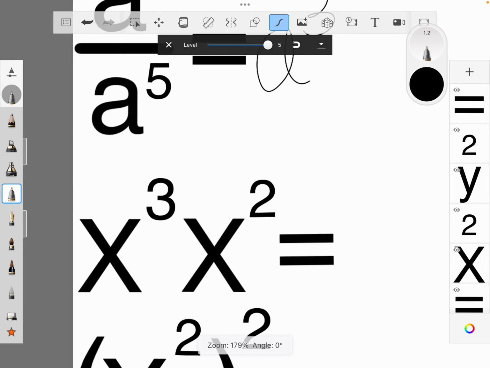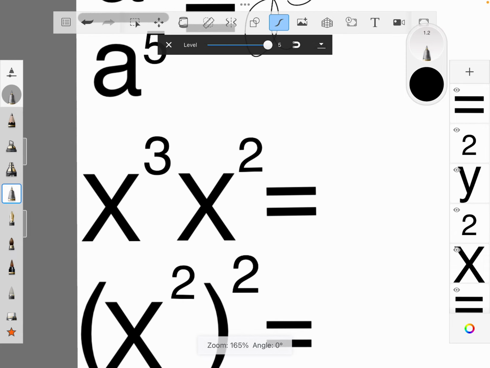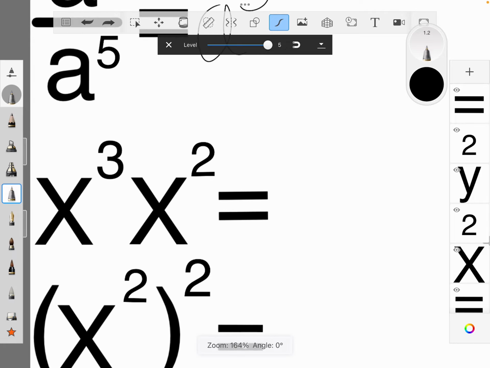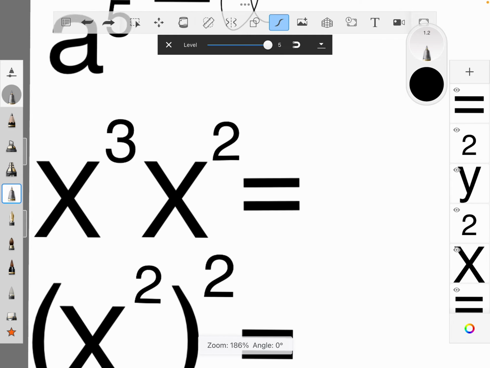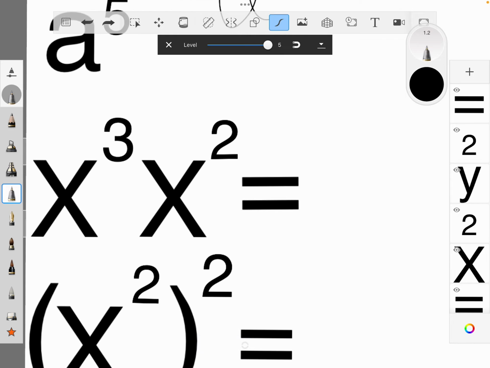Now here comes x to the power of 3 times x to the power of 2. You don't really need to write the multiplication sign, but it's not that important after 8th grade. Assuming last time, the opposite of division is multiplication and the opposite of subtraction is addition. So this math problem is going to say x to the power of 2 plus 3.